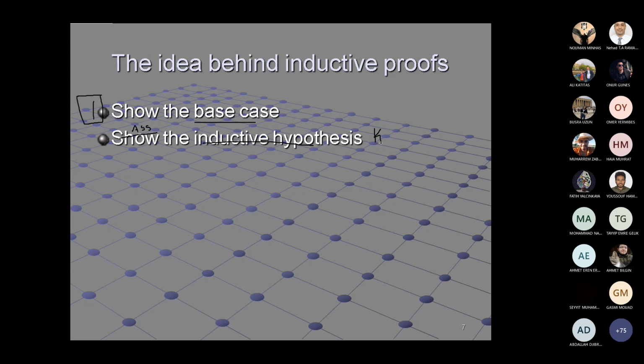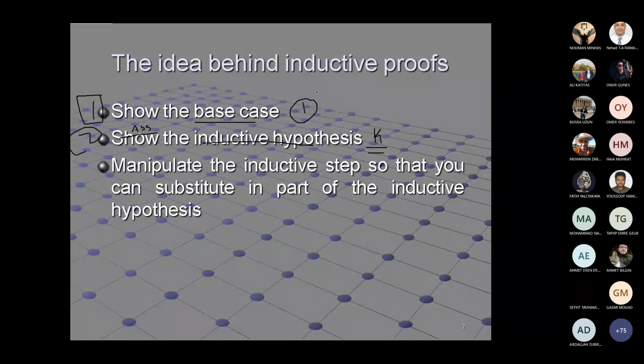This means for the k term. This is almost always for one term, except if the first term is not 1 in some cases. Okay. Then manipulate, meaning get the inductive step. Okay. This is the third one.